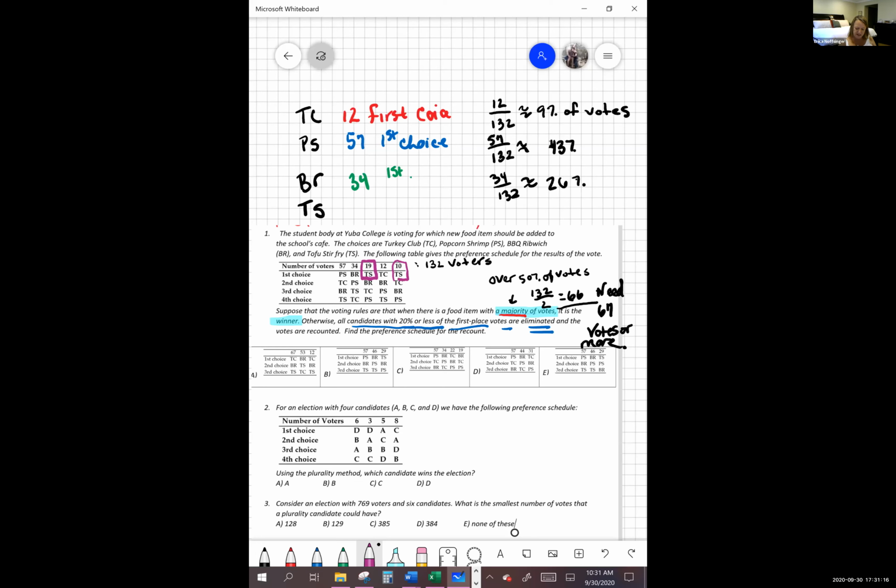And so we have the 19 plus the 10, and so that is 29 voters. And so 19 all over 132 is equal to approximately 14%.